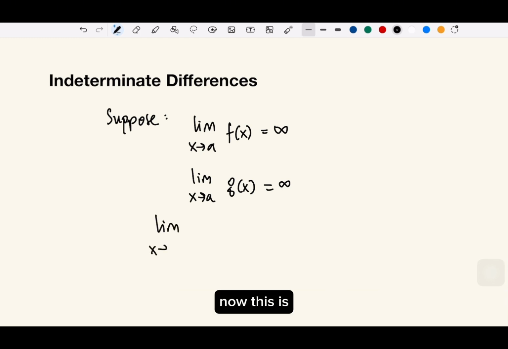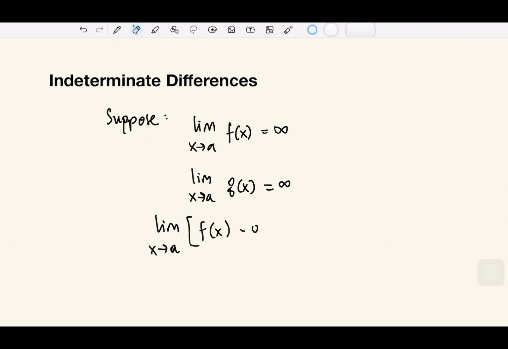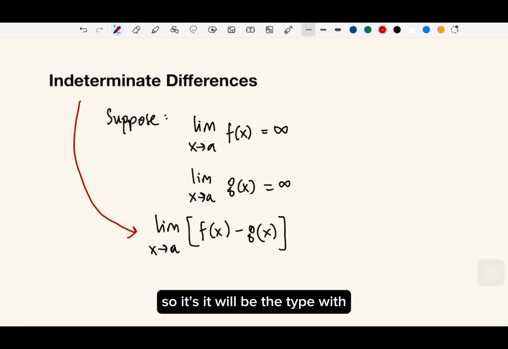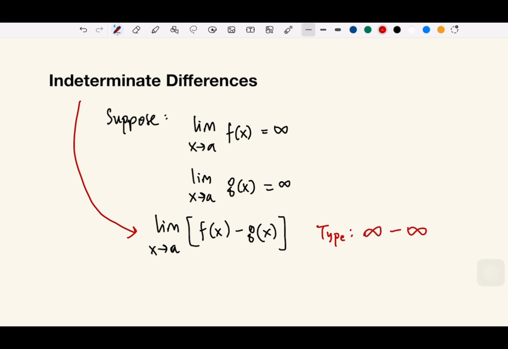Now if we have f of x minus g of x, this is what we call the indeterminate differences. So the type is infinity minus infinity.